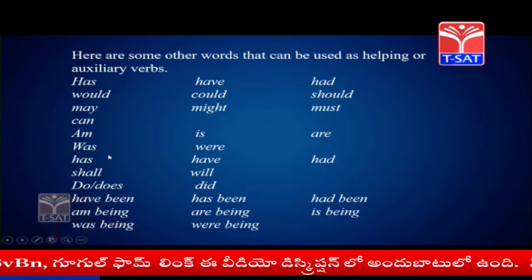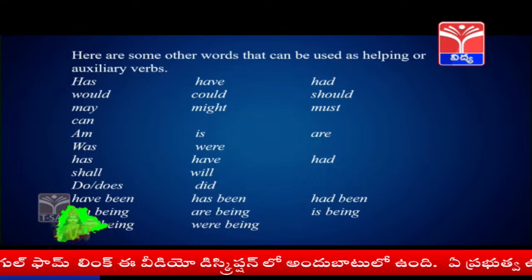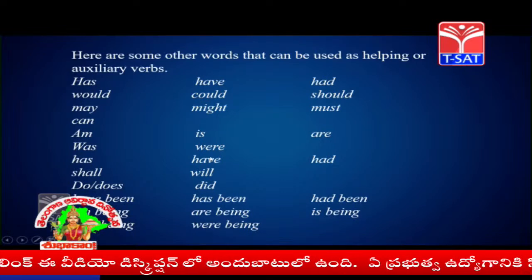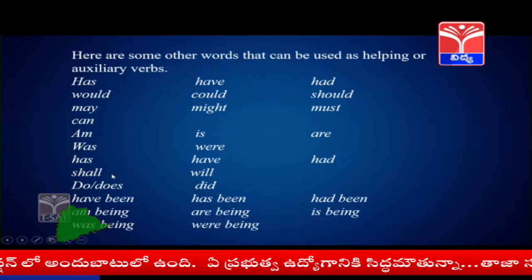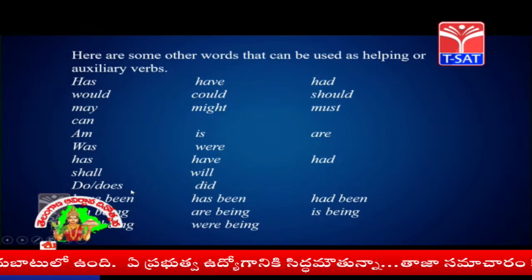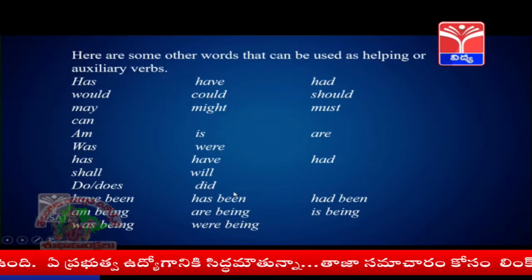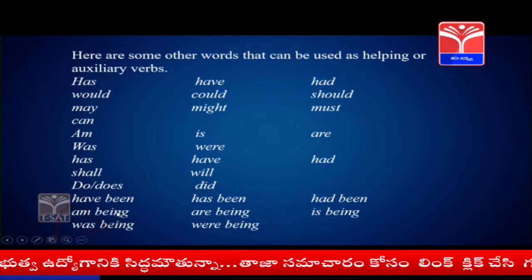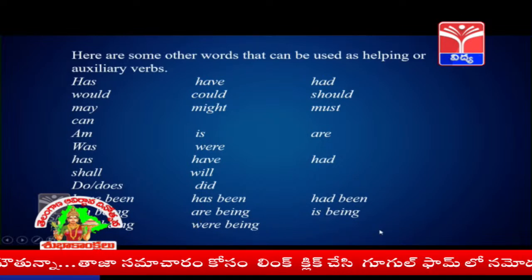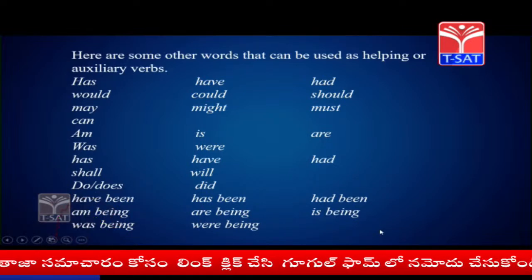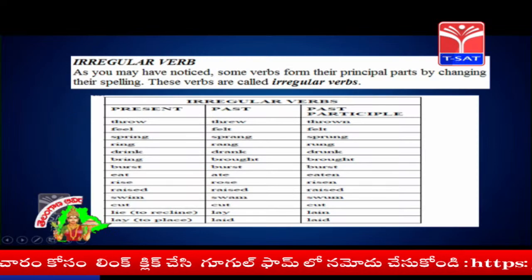Never say was as in V-A-S-E. No, this is was, were, has, have, had, shall, will, do, does, did, done is also there. Have been, has been, had been, am being, is being, was being, and were being.